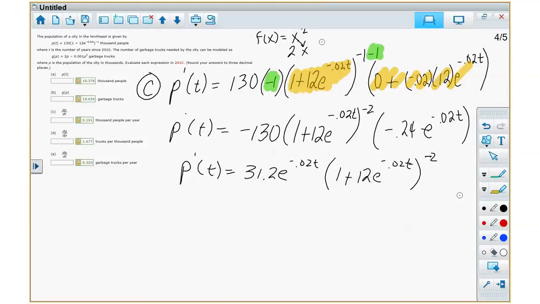And then 2 minus 1 is 1. So that x came down. This is your x right here. Now, the reason you do this is because of the chain rule. This is 2 terms. This is 1 term. So your basic power rule just covers 1 term. Your chain rule covers more than 1 term in the parentheses.